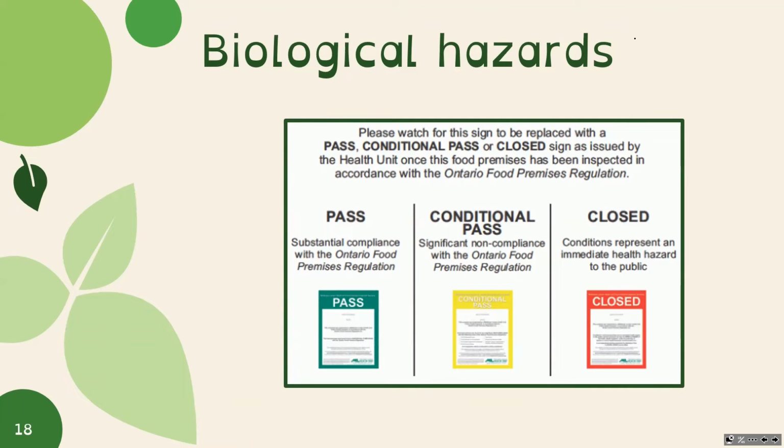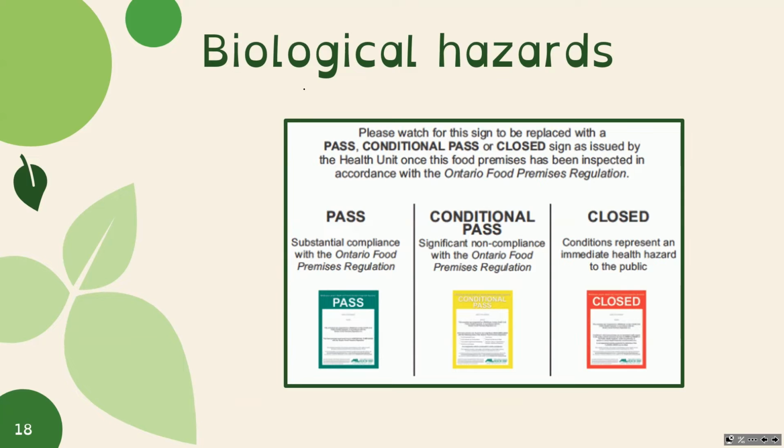So in terms of the Ontario Food Premises Regulation, there are 3 different signs that you may see on a business or organization if they have not passed the health unit's inspection.